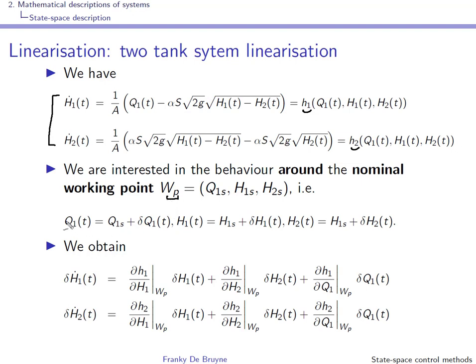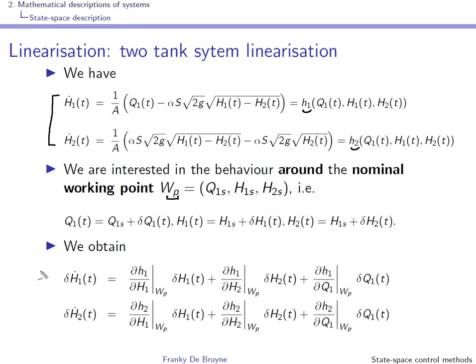Okay, so which means that we'll consider Q1, H1, H2 that are variations around the nominal working point. For instance, H1 of t is the nominal height plus some variation dH1.